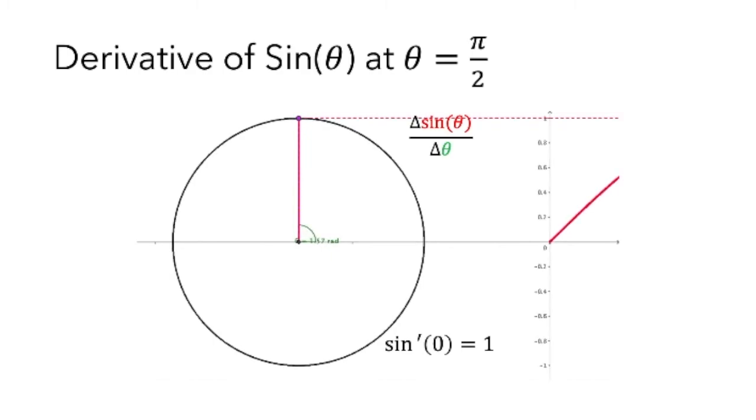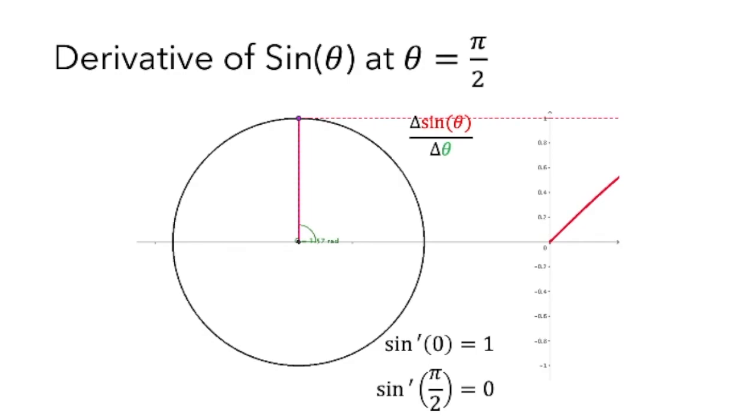As theta gets close to pi over 2 radians, the length of the opposite side of the triangle, the value of sine theta, didn't really change.